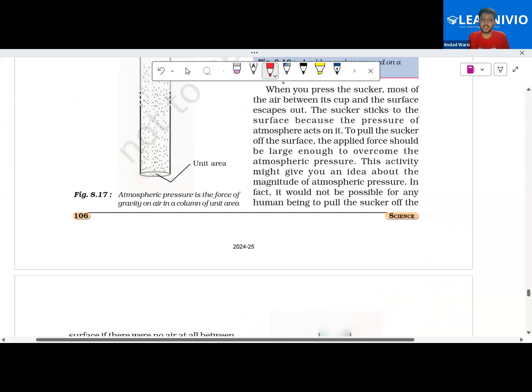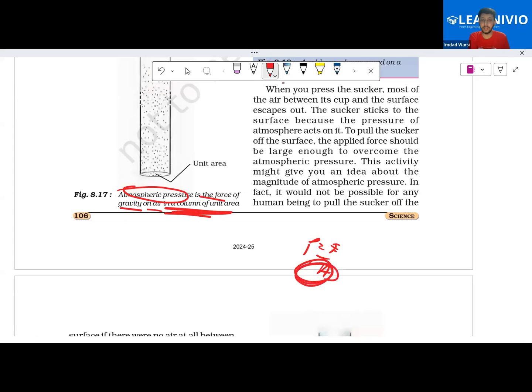If we have to define it in terms of force and area, because pressure is equal to force upon area, we can say that atmospheric pressure is the force of gravity on air in a column of unit area.